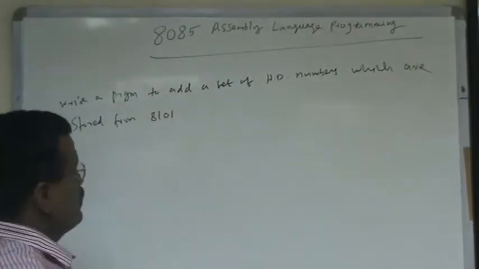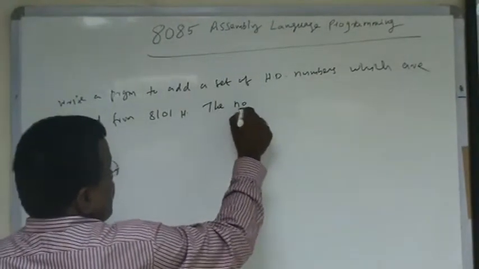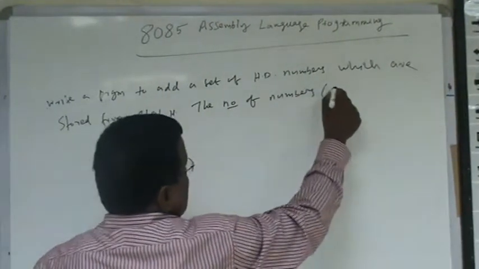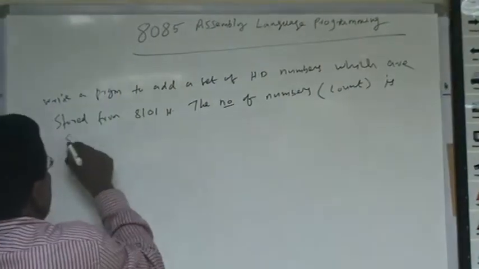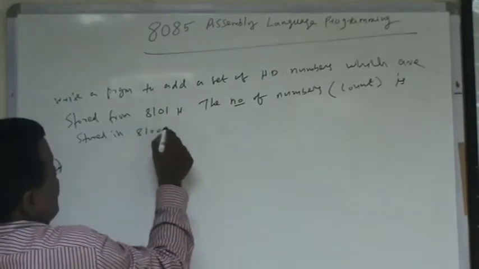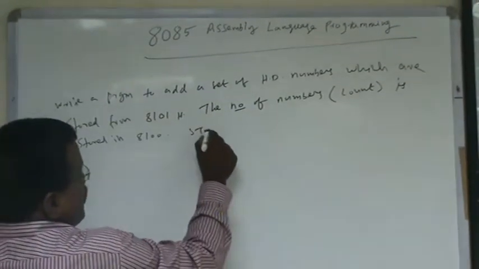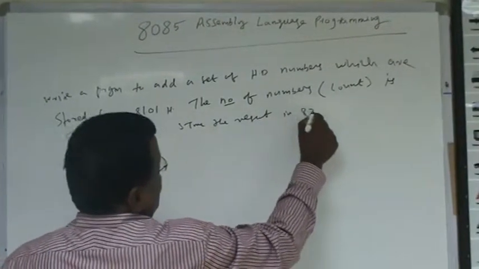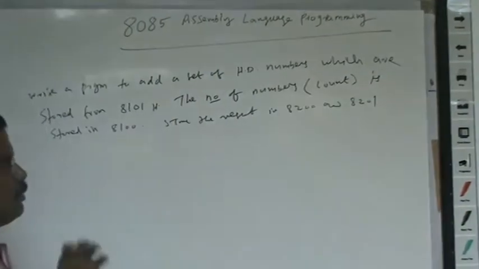We don't know how many numbers there are. The count, how many numbers are to be added, is stored in 8100. Then store the result in 8200 and 8201. This is the most generalized program.